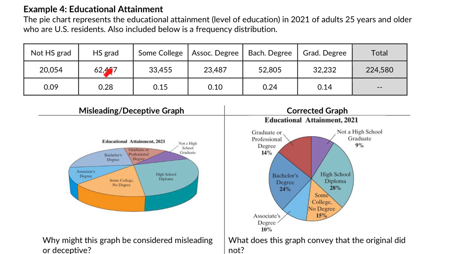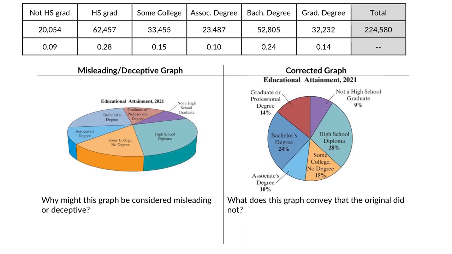So not finishing high school, only doing some college, finishing an associate's degree, finishing a bachelor's degree, finishing a graduate degree. I've then calculated the frequency distribution here, or relative frequency, of each of these. So the percentage of the total. We hand our data to somebody who makes the following pie chart for us.